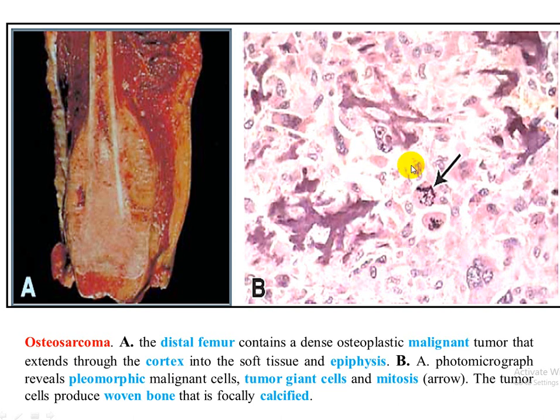The neoplastic osteoblastic cells produce lacy or unmineralized bony tissue, which appears focally calcified here, and there is hyperchromasia with multinucleated giant cells of bone tumor giant cells. It is a highly malignant type of bone tumor.